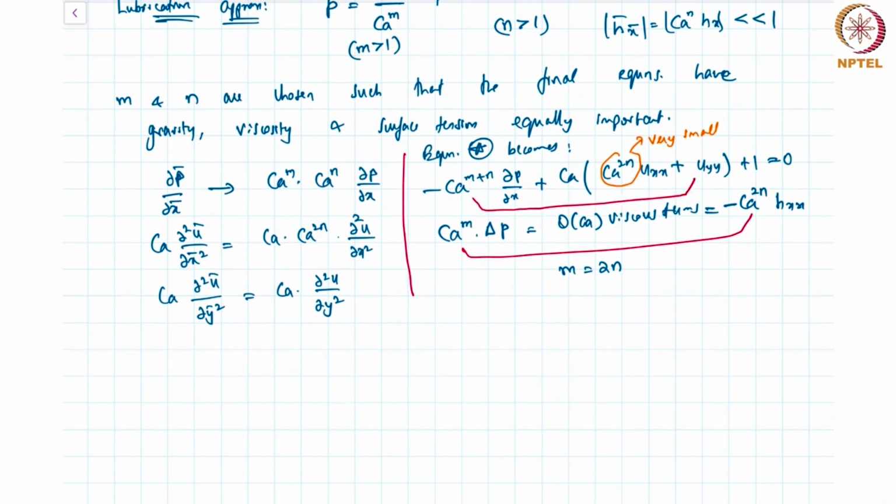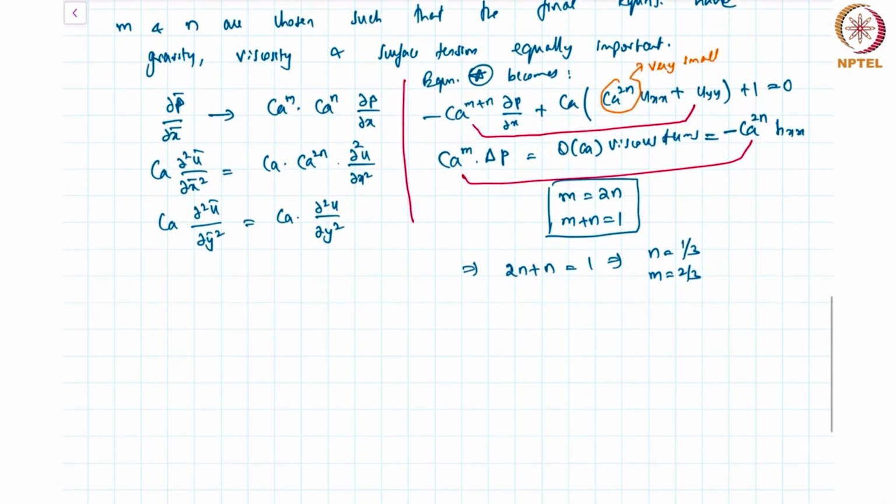If I look at that, I get another equation which is m plus n is equal to 1. So I have two equations and two unknowns. m plus n is equal to 1 and m is equal to 2n. So if I substitute from this, m becomes 2n, 2n plus n is equal to 1, and therefore n gives me 1 by 3 and m becomes 2 by 3.